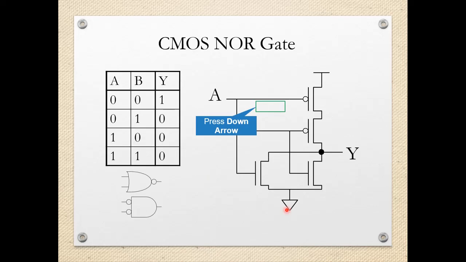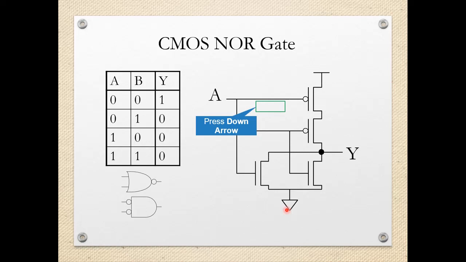So when both the inputs will be 0, 0, at that time both P MOSFETs will be on and output will be connected through P MOSFETs to VDD. Second condition, A is 0, B is 1. A is 0 means again this P MOSFET will be on, N MOSFET will be off.